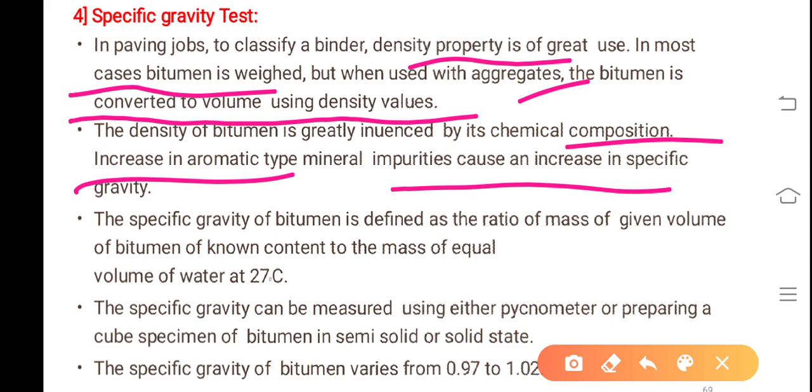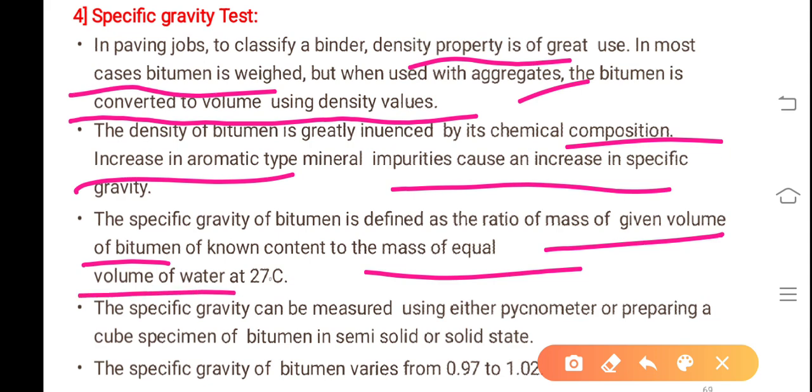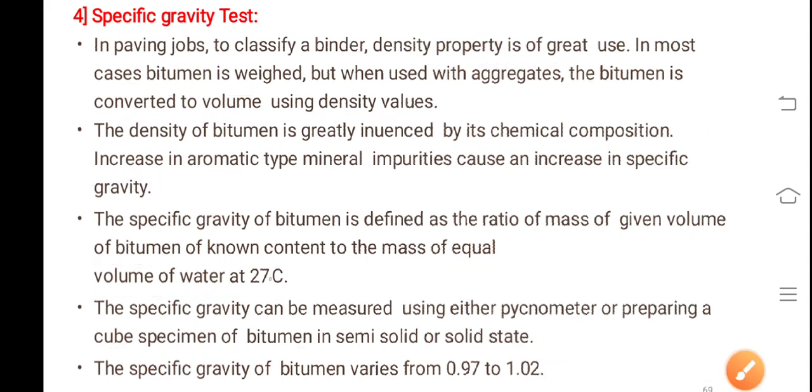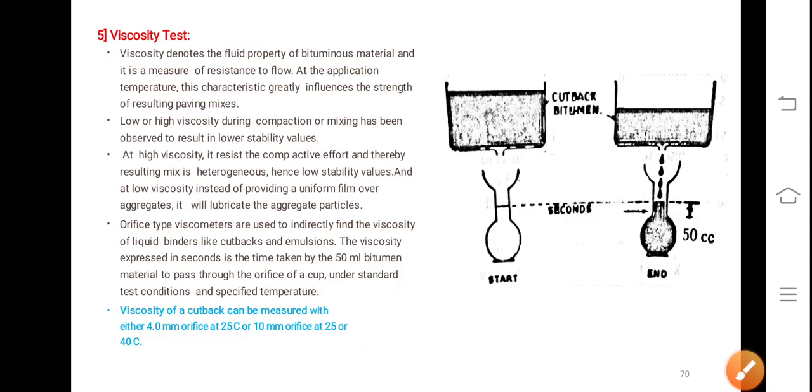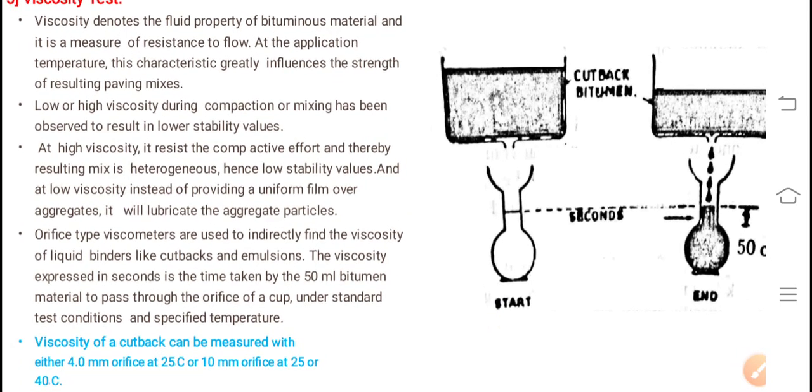The specific gravity of bitumen is defined as the ratio of the mass of a given volume of bitumen to the mass of an equal volume of water at 27 degrees centigrade. It can be measured using either a pycnometer or a cube specimen of bitumen in semi-solid or solid state. You will see more detail in the practical class.